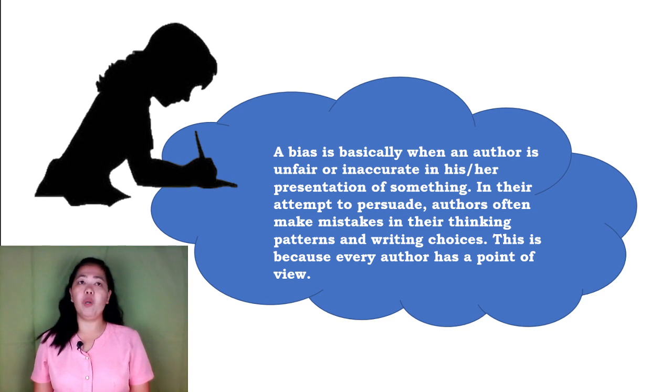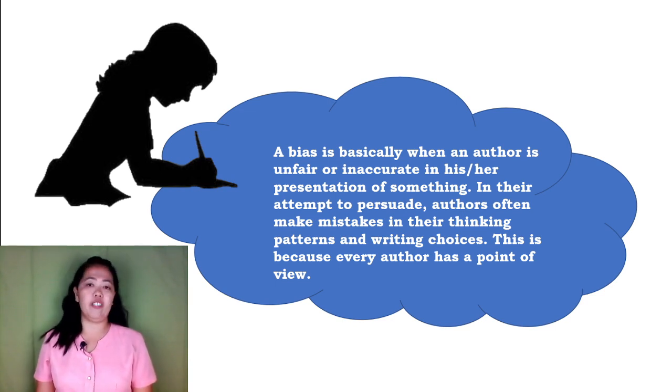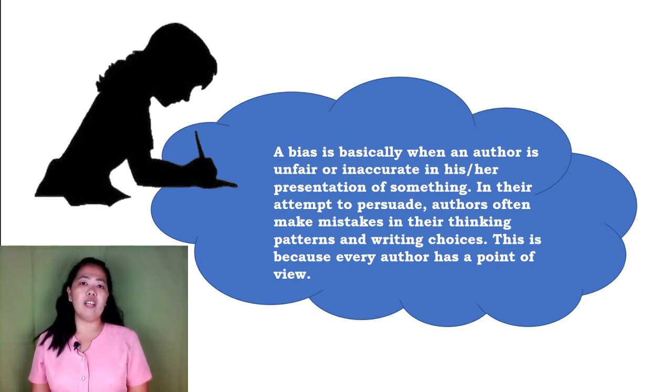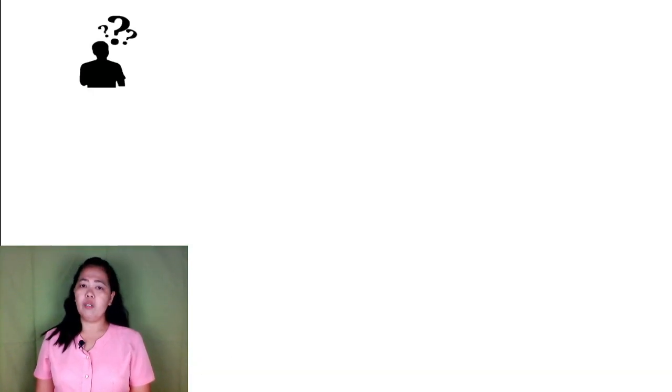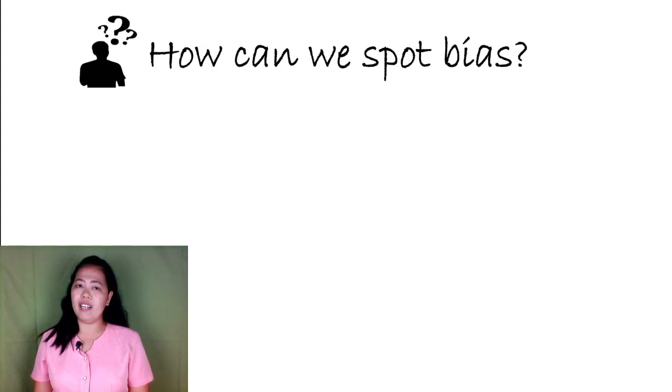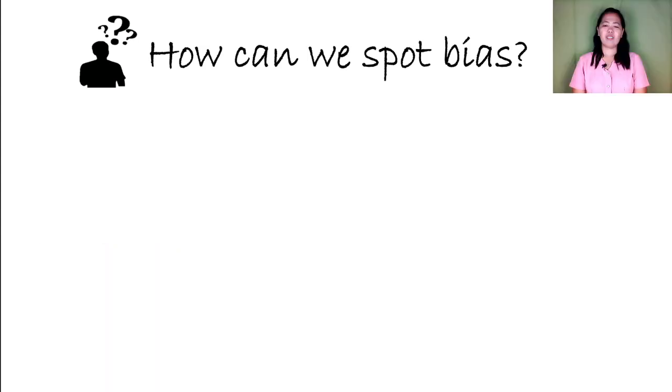Every author holds opinions that affect his or her discussion of an issue. Opinions that you, as a reader, must try to recognize or understand. Such judgments show an author's biases or preference for one side of one issue over another. So, how can we spot bias or biases?